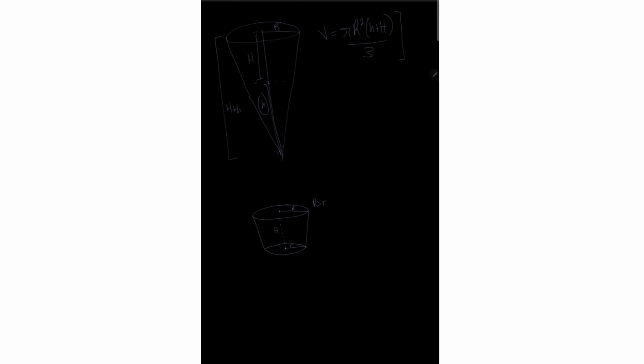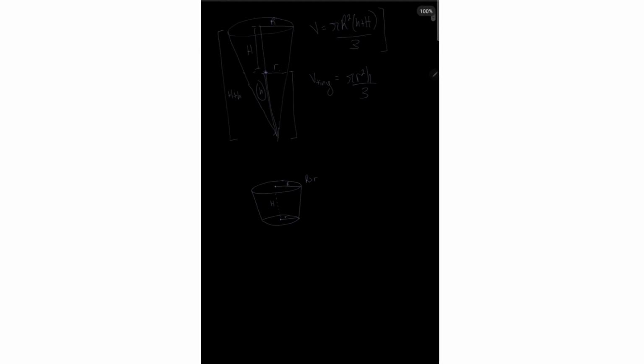Now, the second thing that we can calculate is the volume of the small cone. This is the tiny cone that we've chopped off. So I'm going to call this V tiny, and we can calculate this as pi r squared little h over 3. So the radius of the cone here is little r. So then, to get the volume of the frustum, we're going to take V minus V tiny.